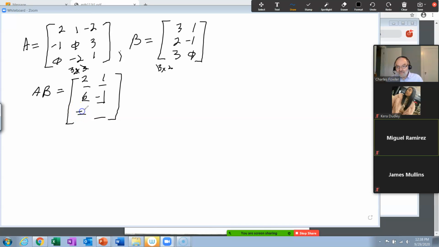That's going to be a -1. That's ugly, but I hope you can follow it. And the 3, 2 entry here is third row here, second column here. That's a 0 2 0. So that's just a 2. Now we need to do AB transpose.